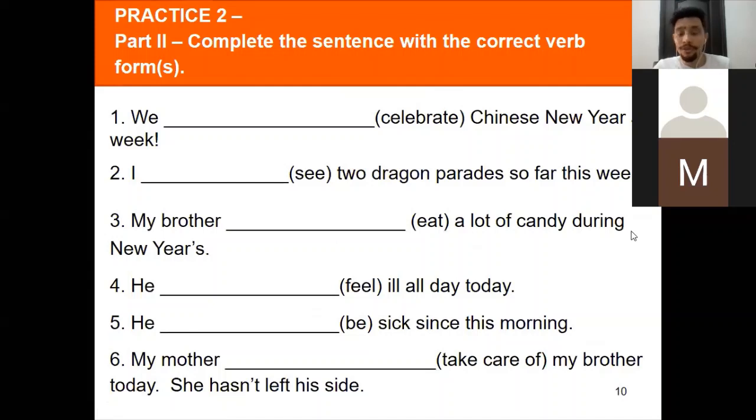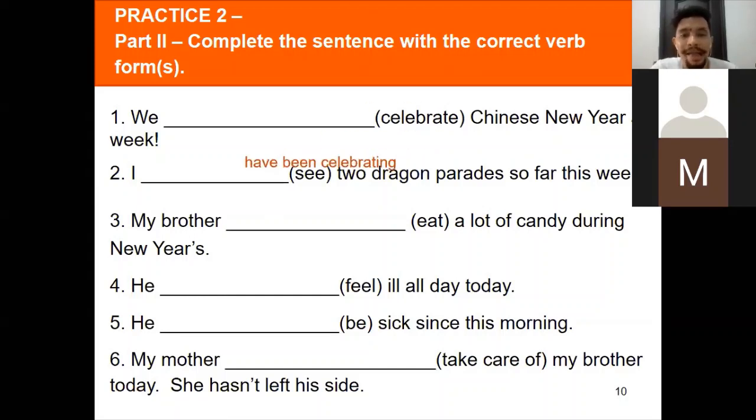These are the same sentences, but I want you to complete them with the form in the present perfect, depending on present perfect simple or present perfect progressive. So let's complete the sentences. Number one, we what? Have been celebrating. Right.